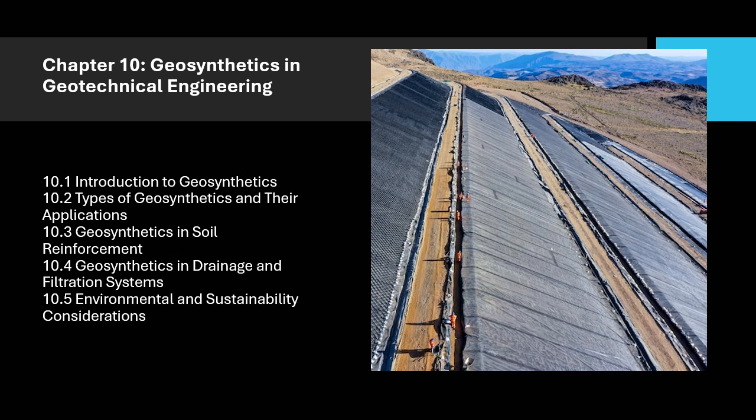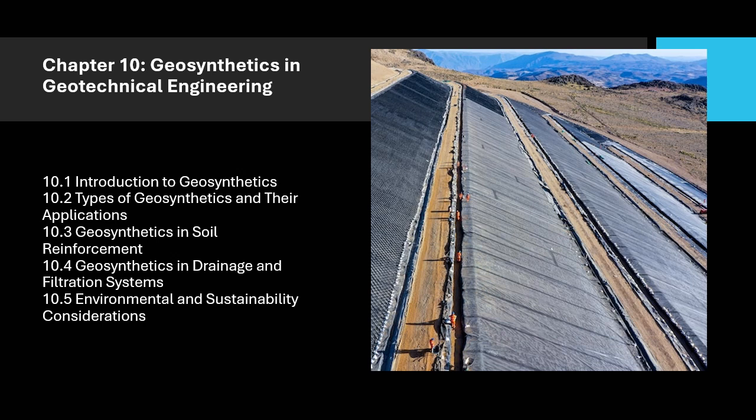properties. 2. Drainage systems. Geocomposites combine geotextiles and drainage layers, such as geomembranes or perforated pipes, for effective stormwater drainage, as seen in road construction or slope stabilization projects. 3.